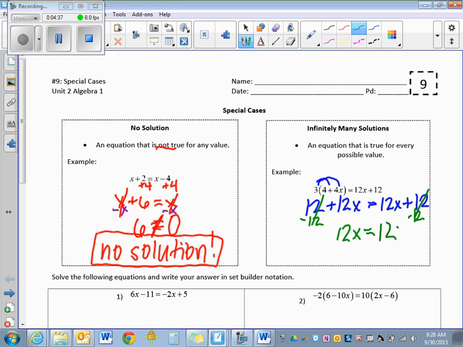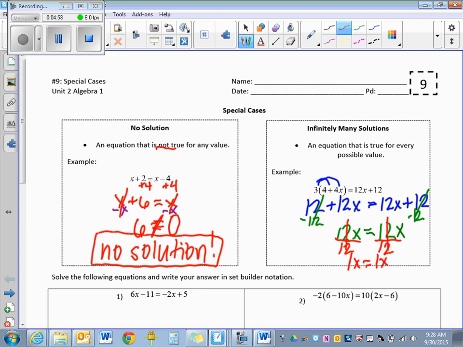Here you might notice that they're the same, but suppose you still don't notice, then we could divide by 12, right? 12 divided by 12 is 1, so I have 1x.